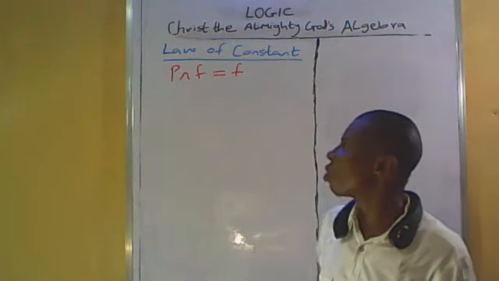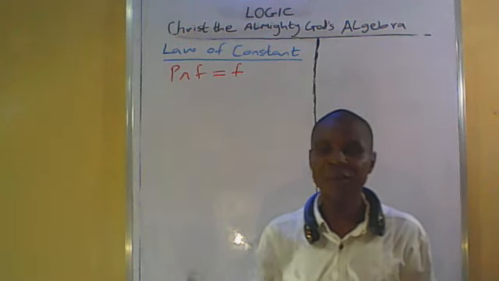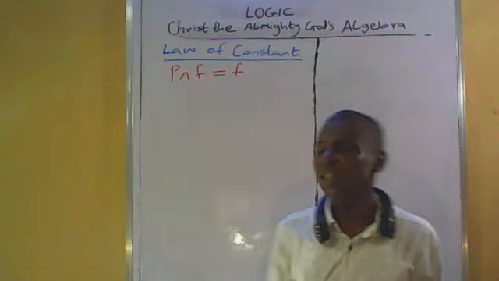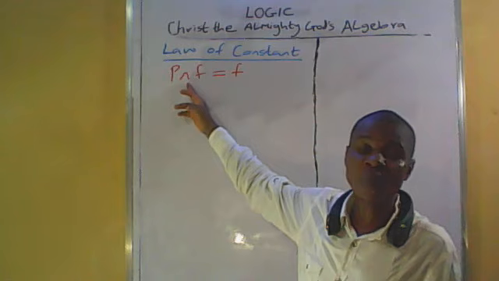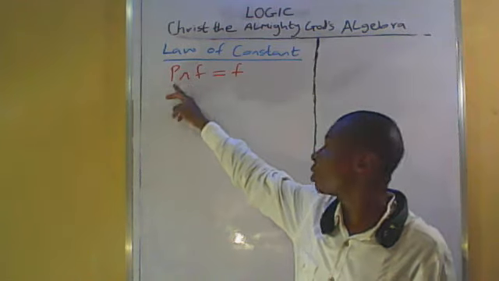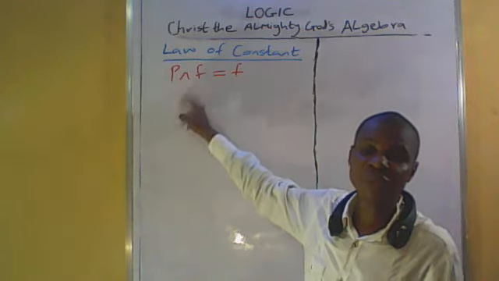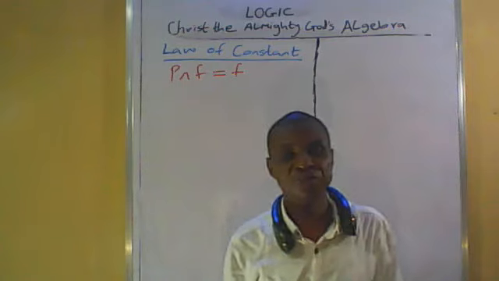Why is it called law of constant by conjunctive statement? It is because of this and connective that combines P and F together as a compound statement.